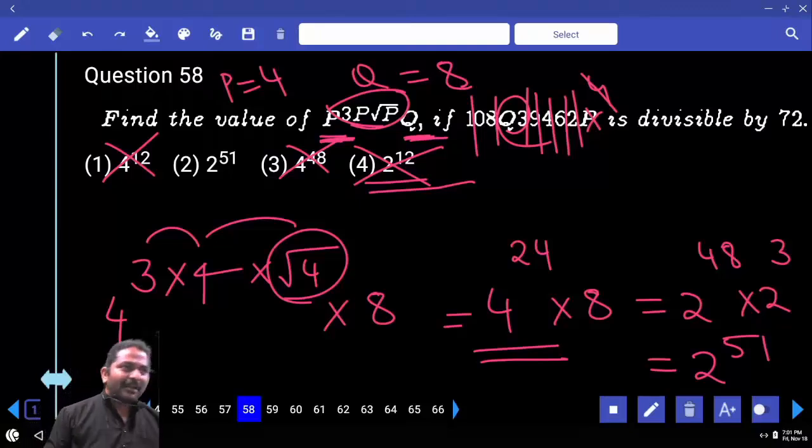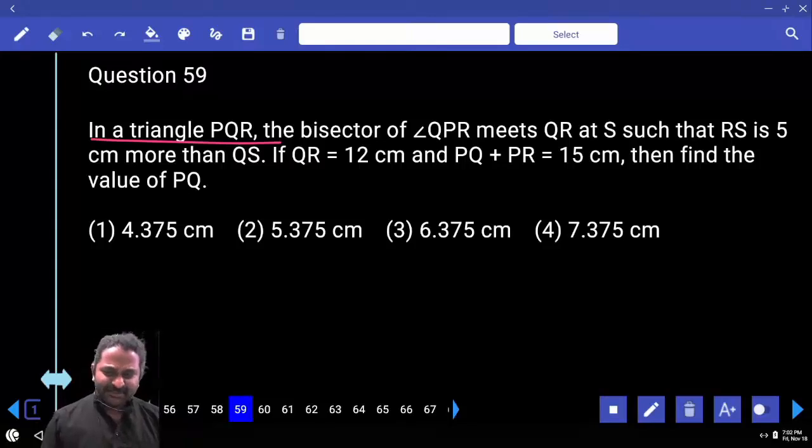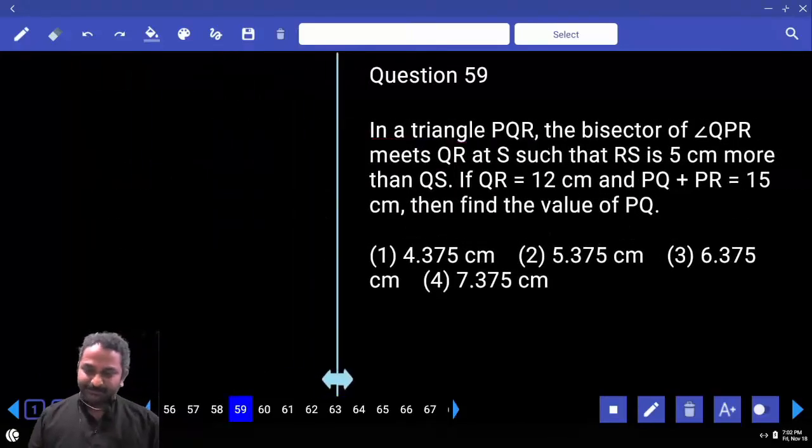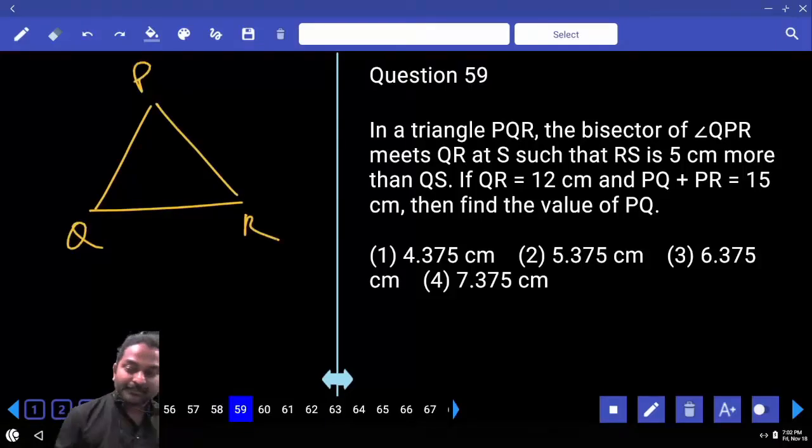Yes. Right. Come on. In a triangle PQR, the bisector of angle QPR meets QR at S such that RS is something. Okay, let's draw the figure. In a triangle PQR, the bisector of QPR meets QR at S. Between Q and R, we have S. Bisector they are saying, correct?